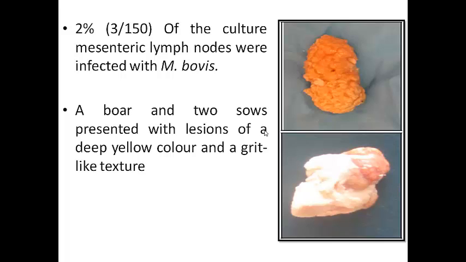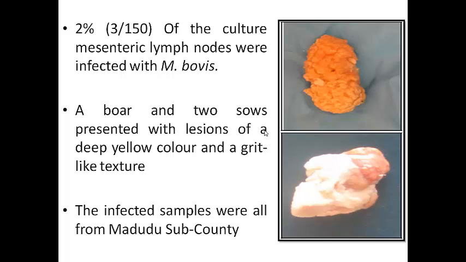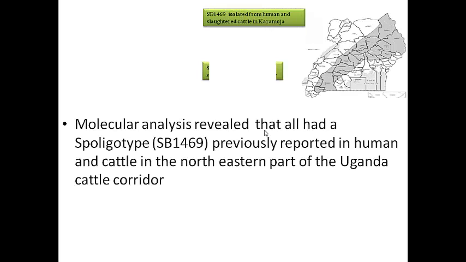We isolated this Mycobacterium bovis from a boar and 2 sows, and the lesions were characteristic of TB, of course, caseation and a gritty texture with a deep yellow color. All these samples that were infected were from Madudu sub-county. That is what we could document.